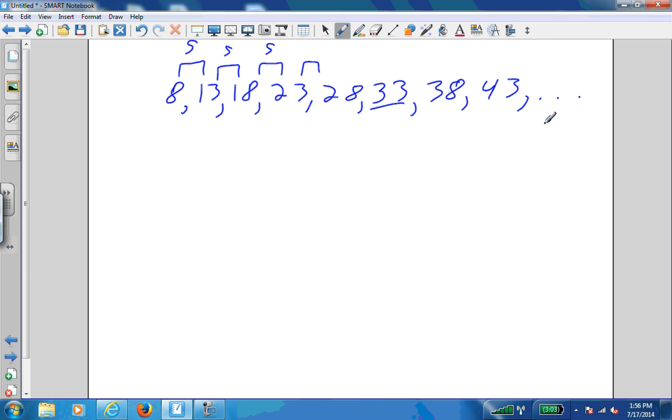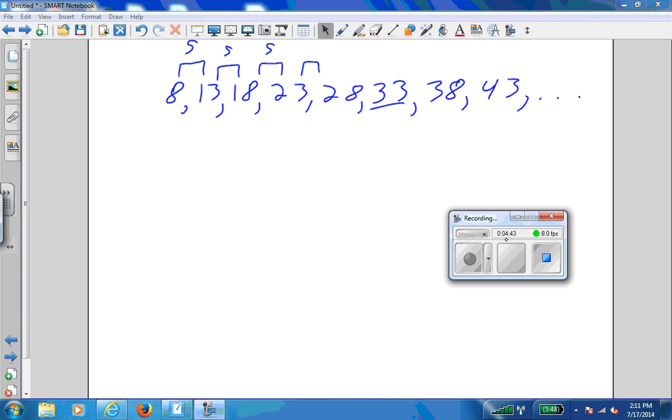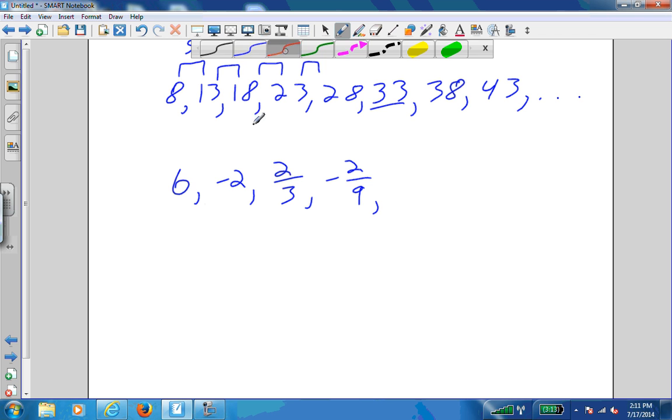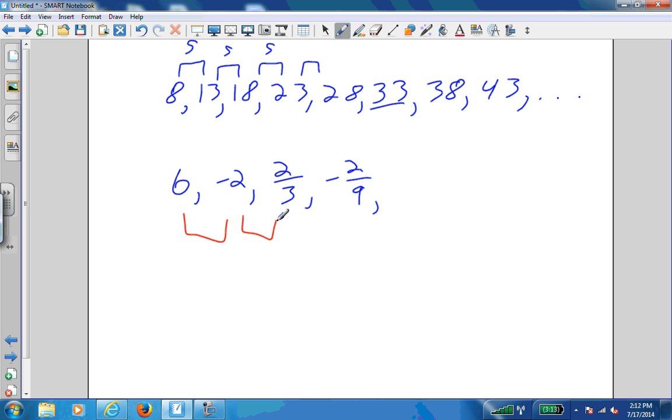So it's just describing a pattern. Let's look at another example. Let's look at 6, -2, 2/3, -2/9. In this one, you may notice, from 6 to -2 is a difference of 8, which is not the same difference between those or those.